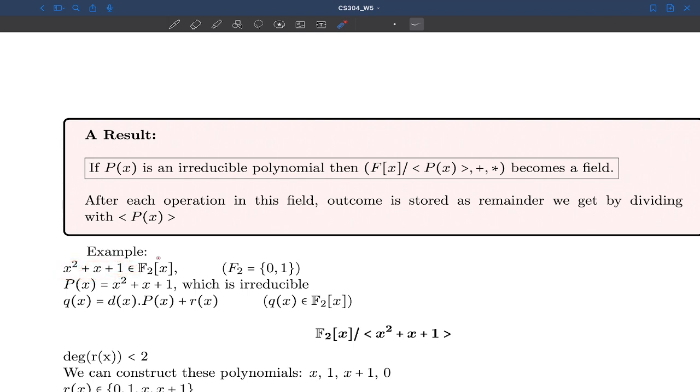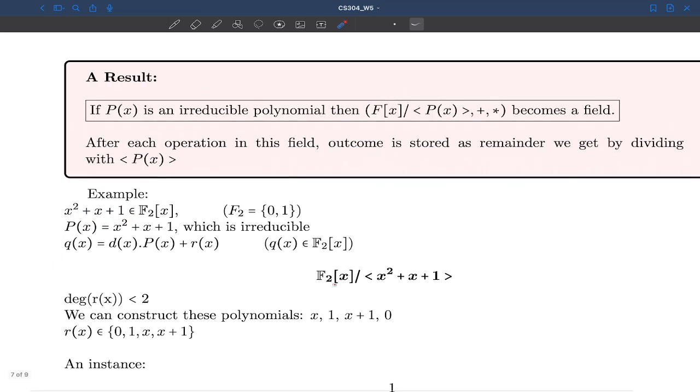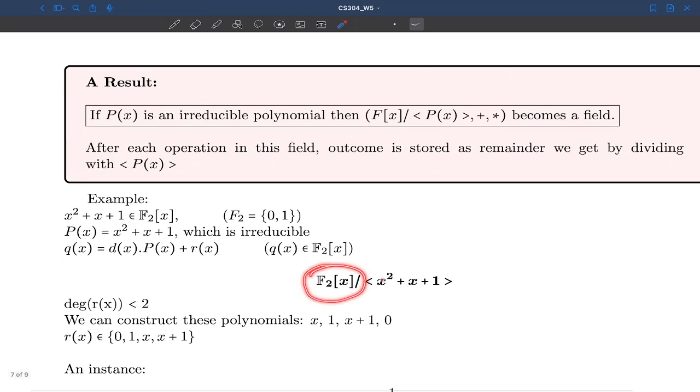So what I'll do, this f2x set will have many polynomials, and x square plus x plus 1 is one of those polynomials. I take all the polynomials of f2x and divide them with x square plus x plus 1.